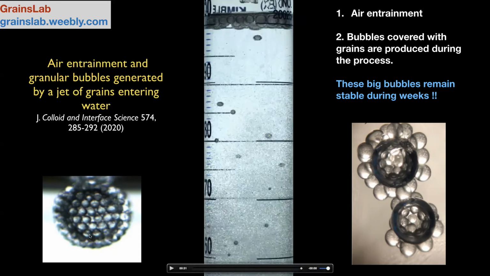Also, the grains that are covering the particle basically avoid the coalescence with the interface. So for that reason, even when the bubbles are very large, of the order of millimeters, they can be very stable during several weeks, in fact.